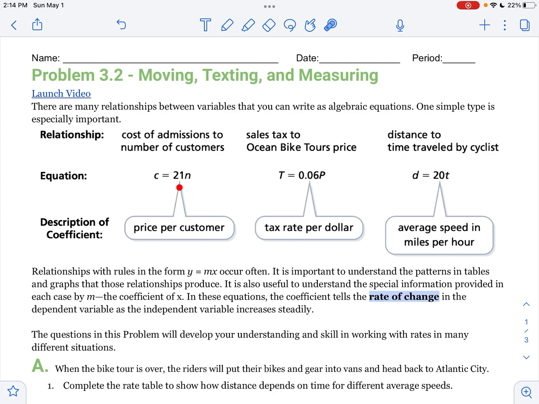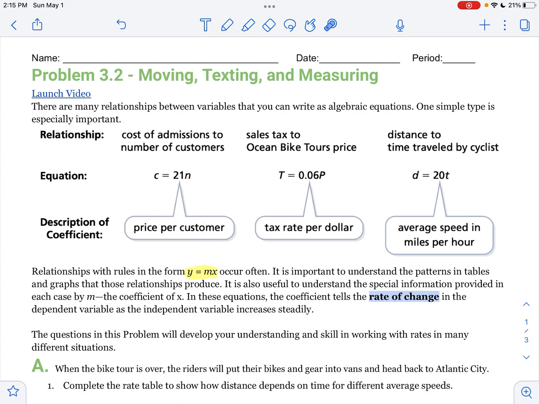If we notice, all three of these equations are set up in the same way. That relationship in general is called y equals mx. For example, in c equals 21 times n, c is in the y spot, 21 is in the m spot, and n is in the x spot.